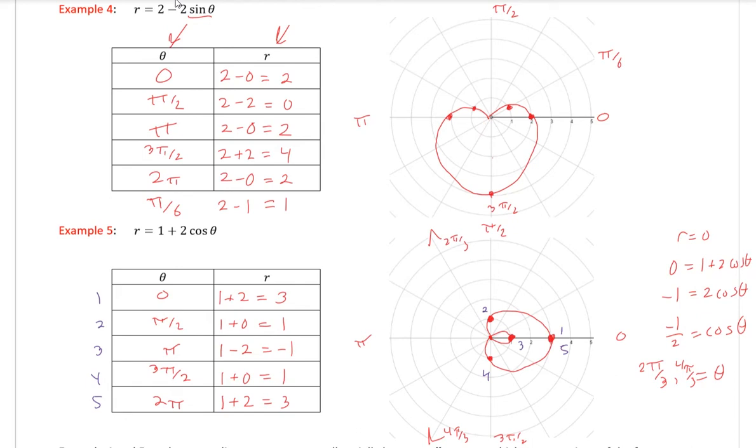And again, you can test points in there as well. If you're plugging 2 pi thirds into this, you get 0. But yeah, there's a lot of other points you can check if you want to. For example, you can also check this one here. This would be 5 pi over 6. So if we do 5 pi over 6 with this, I get 1 plus 2 times cosine of 5 pi over 6.